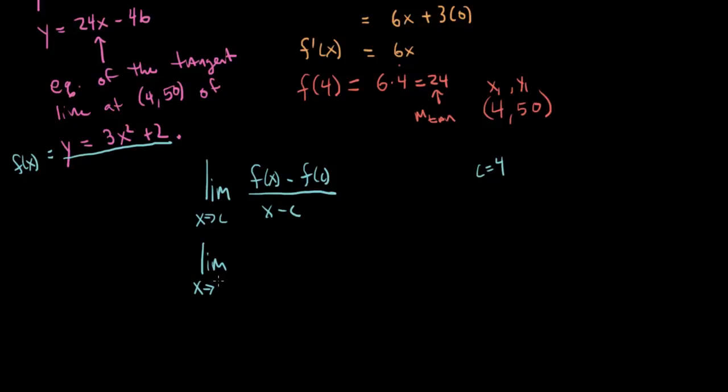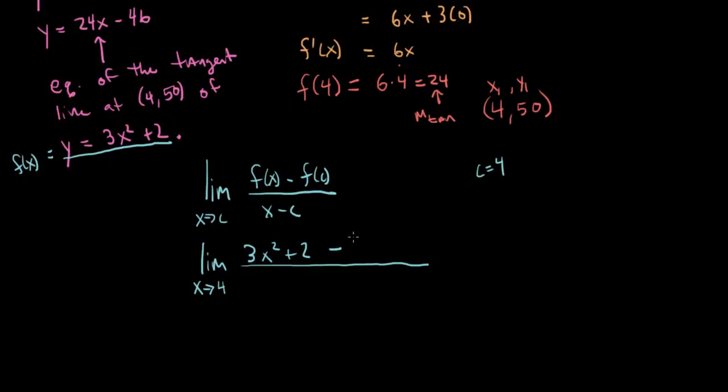So as x approaches 4 of f of x, okay, f of x is 3x squared plus 2, minus f at c. Now, what is f at c?